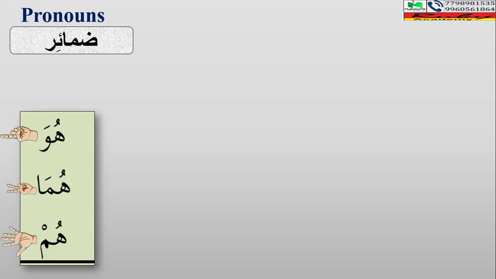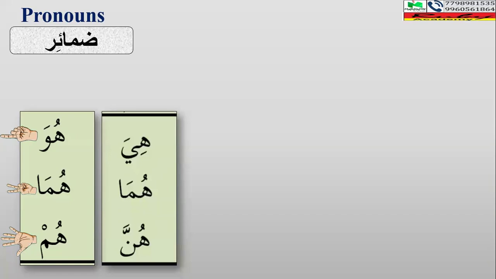This is your left hand, and use your fingers. Single finger, huwa; two fingers, huma; more than two fingers, you can use five fingers like this, whom. Now you take your right hand. This is for your feminine.